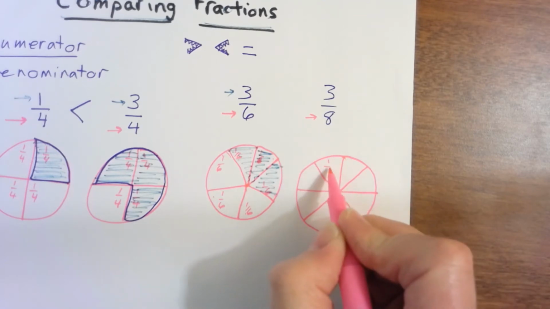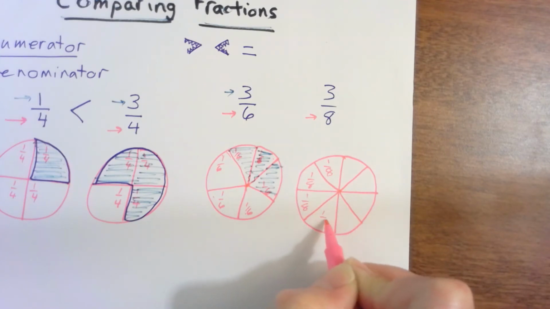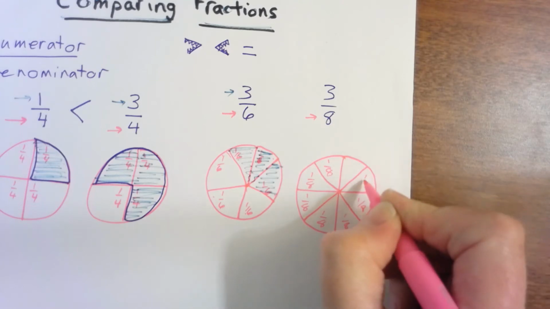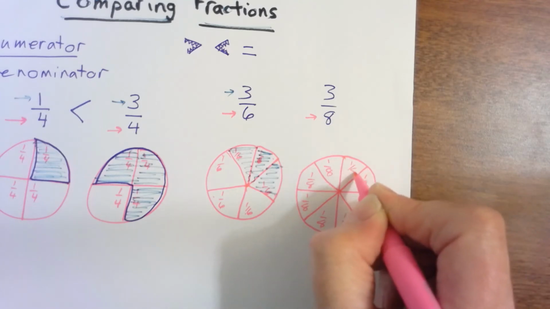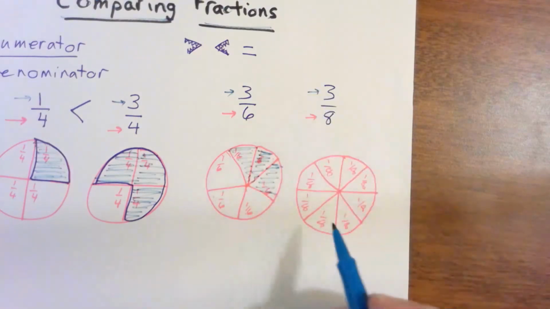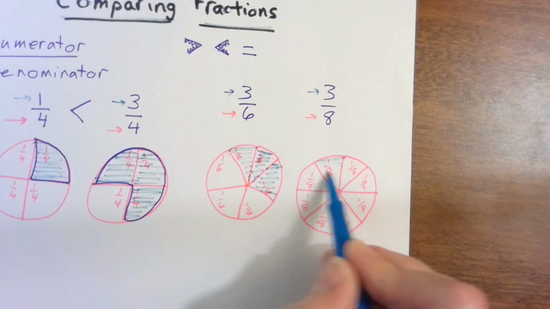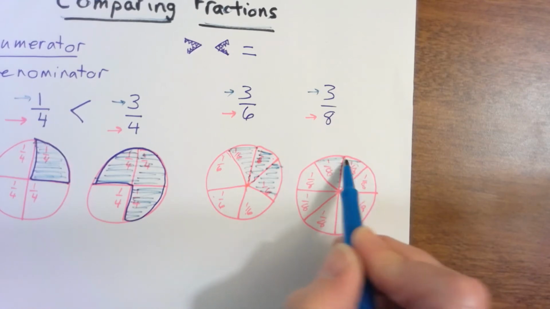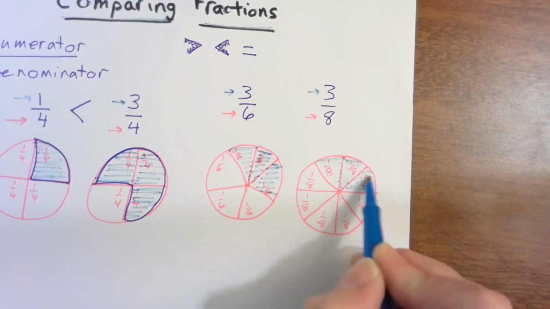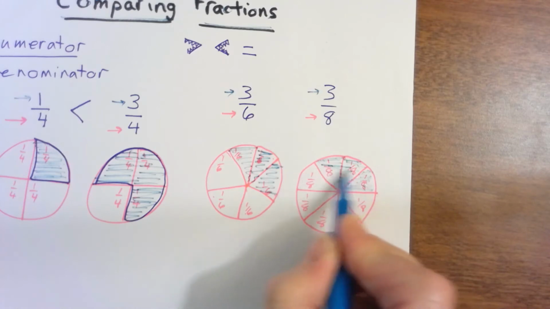Okay, so that's 1/8, 1/8, 1/8, 1/8, 1/8, 1/8, 1/8, and 1/8. Okay? They want us to shade 3/8. So here's 1, 2, and 3.